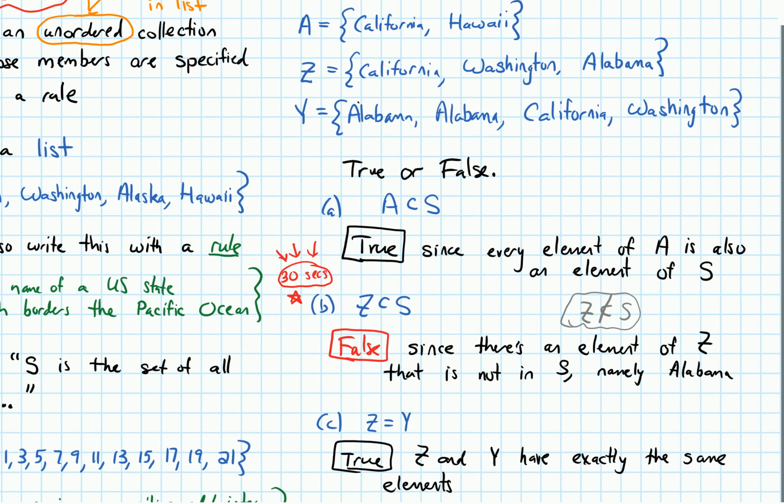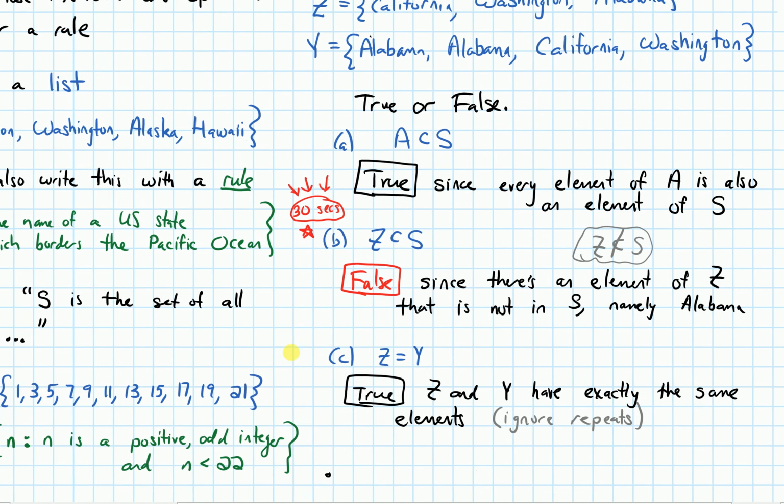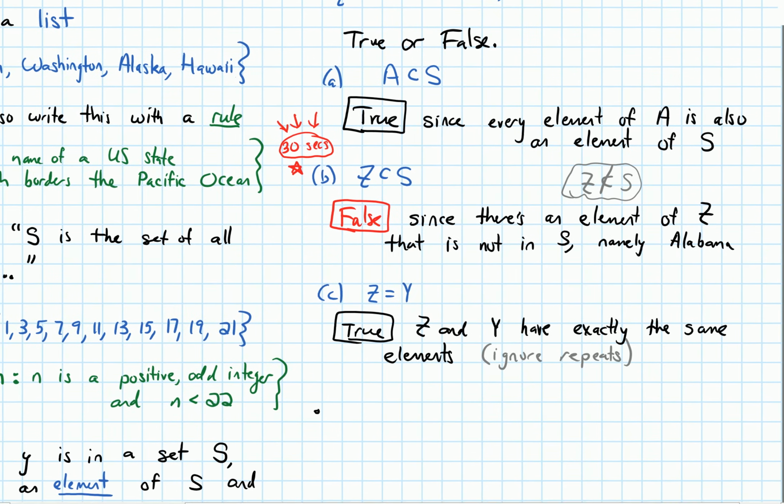Even though Y says Alabama twice, that just means Alabama's in there. So for our purposes, when we see a set, we ignore repeats. So if an element is listed multiple times, that doesn't change the meaning. It just means that element is in there. Okay, and that brings me to a convention.